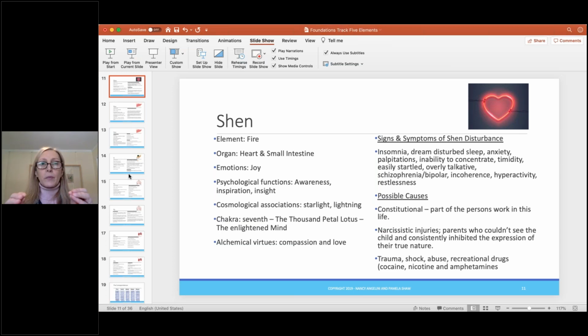And what's really cool about this is when you back up into the 5 elements, right? Instead of just getting lost in the pattern and what did they get and what was their diagnosis, if you back up, do you see how much help this is to getting a bigger picture and helping your people?